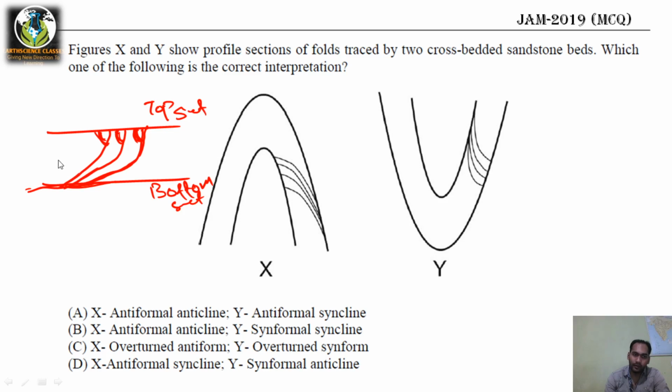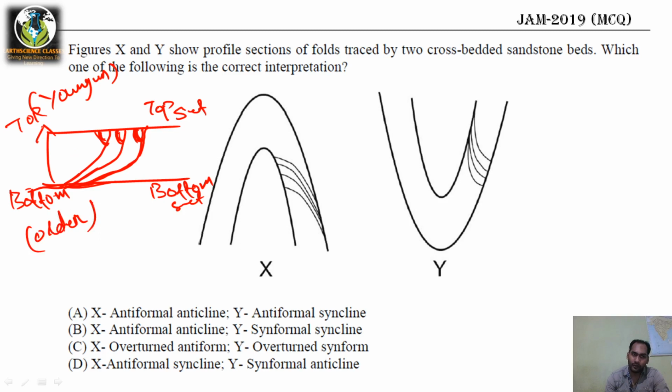Okay, so here the top bottom criteria is, this is the top and this is the bottom. Top means it is younger, and this is older. So cross beds can show us what?